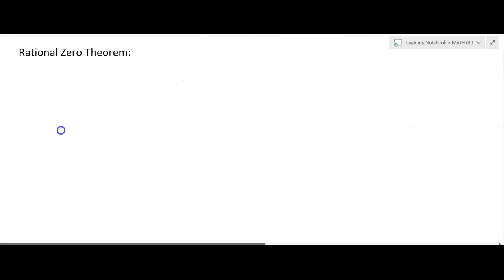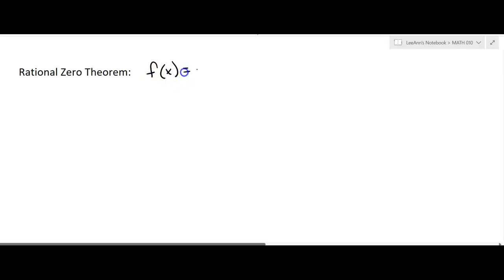All right. The rational zero theorem says this. If you have a polynomial, and we've written polynomials in this form before, and I'll just shorten it up. So you have it in standard form, your highest exponent first, that n is the degree, right?